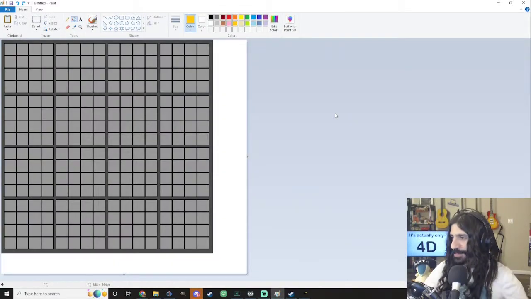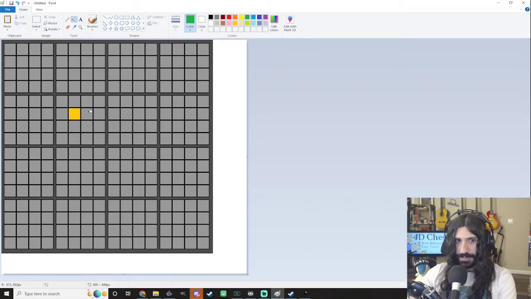Okay, so let's break this down. Looking at this single cell, the cells which are 1 away from this cell in a single dimension are this square and this square in the first dimension, this square and this square in the second dimension, this square and this square on the 3rd dimension, which is the same location within the 4x4 slice but on the next board over, or this one and this one in the 4th dimension.